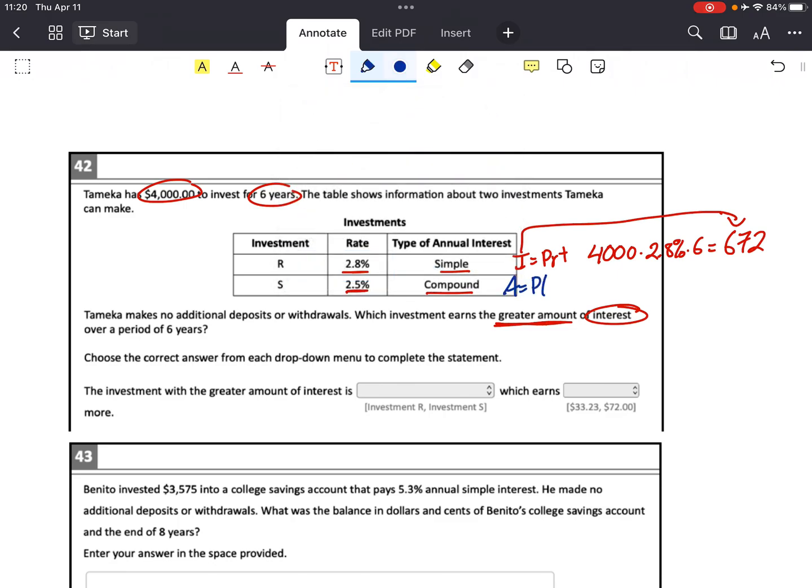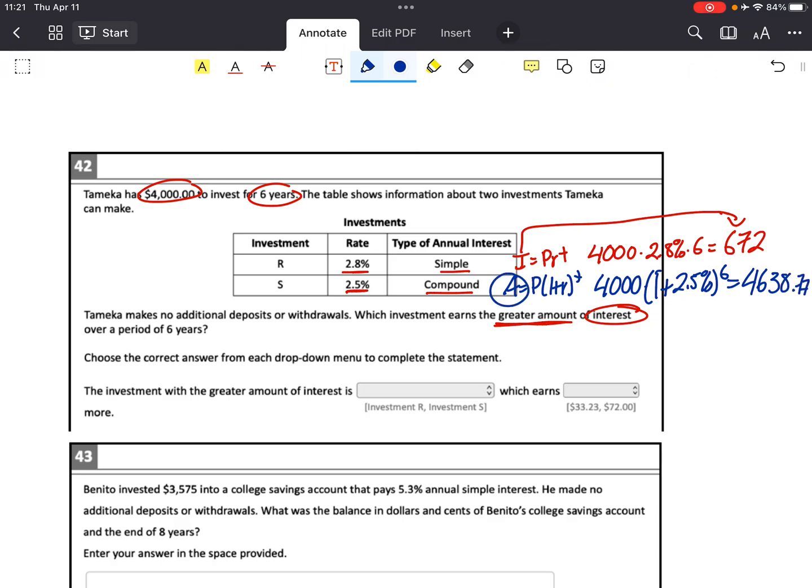Then compound, different formula. So we're going to replace our numbers in the formula. Careful, because your percentage this time is different. Your percentage for the compound formula is 2.5%. So just be careful.